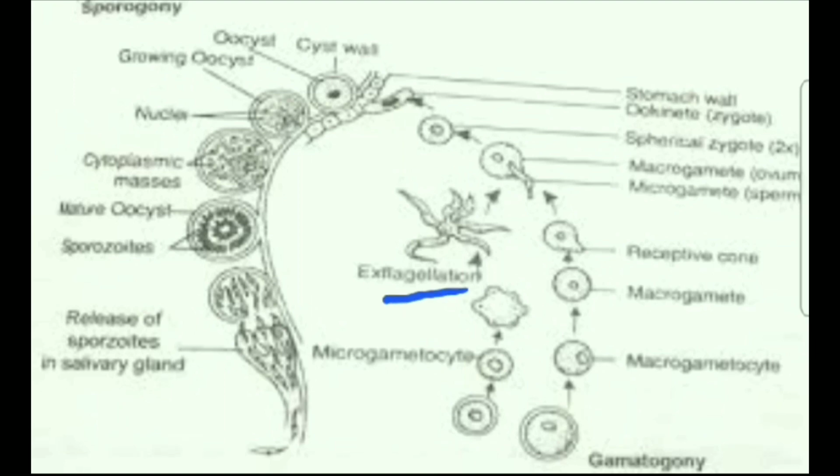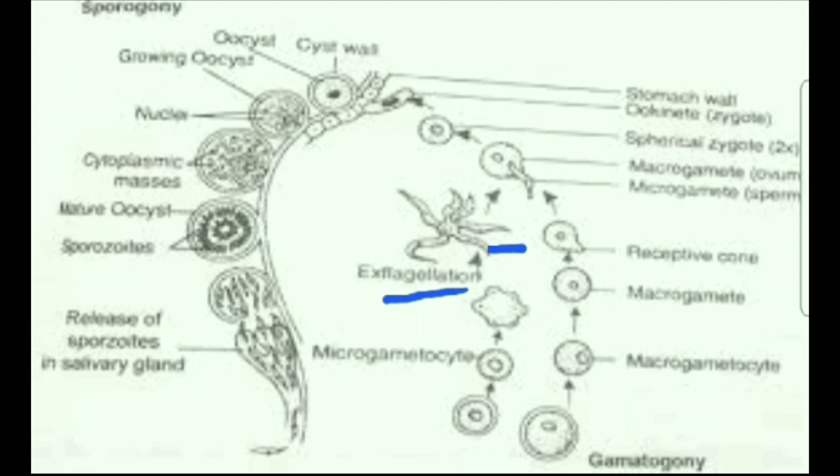In each microgametocyte, the nucleus divides by mitosis to produce 6 to 8 haploid daughter nuclei, which assemble at the periphery. The cytoplasm outgrows into long, thin, flagella-like projections, and a daughter nucleus enters each one of them. These projections break away as mature male gametes, or microgametes, or sperms.